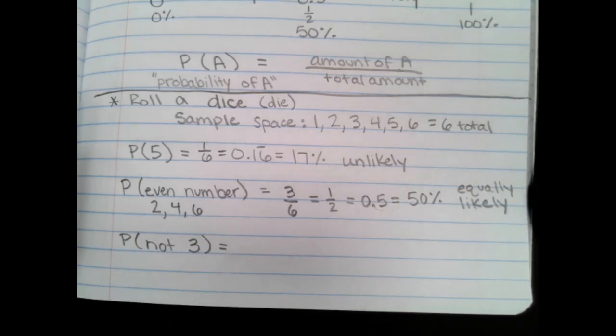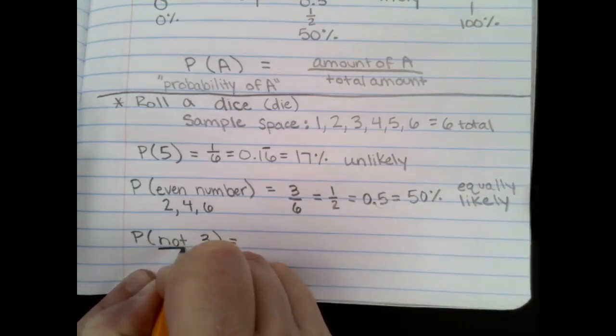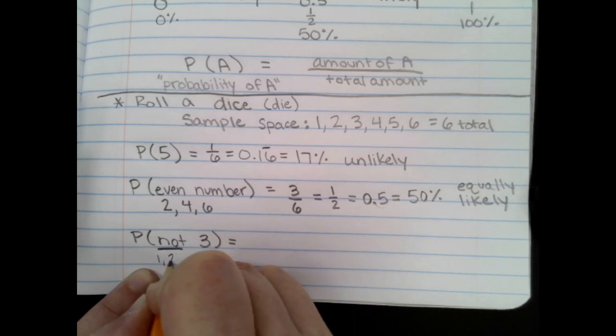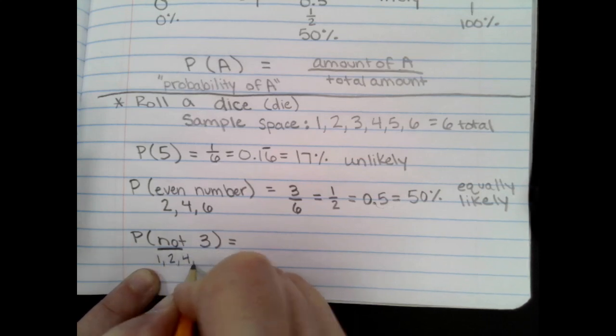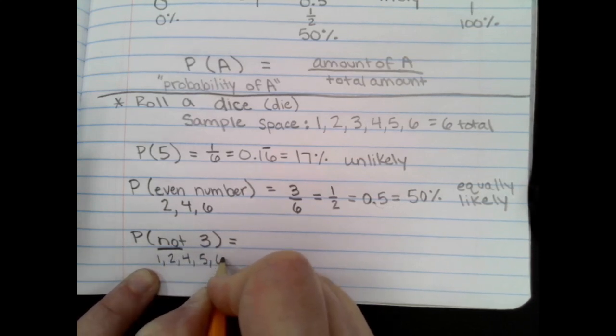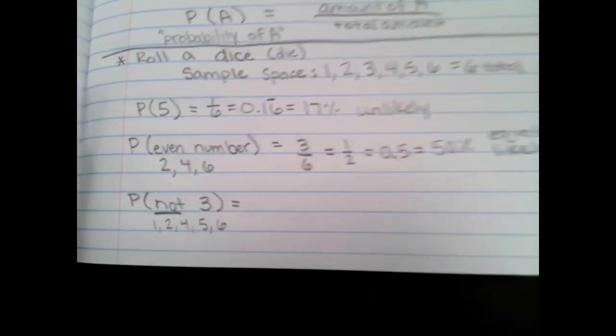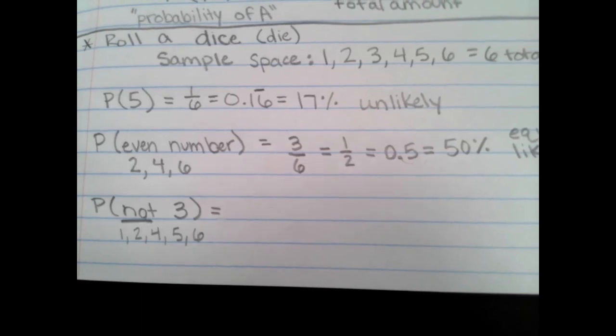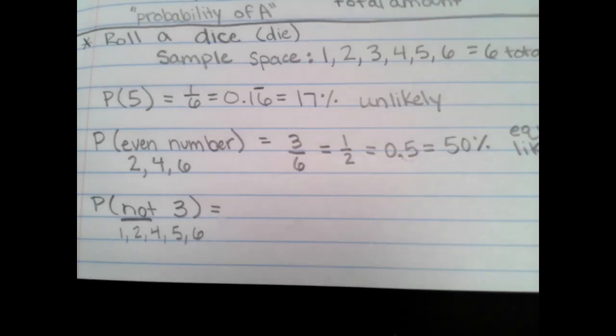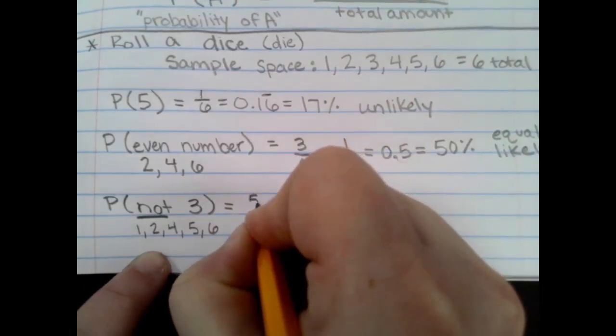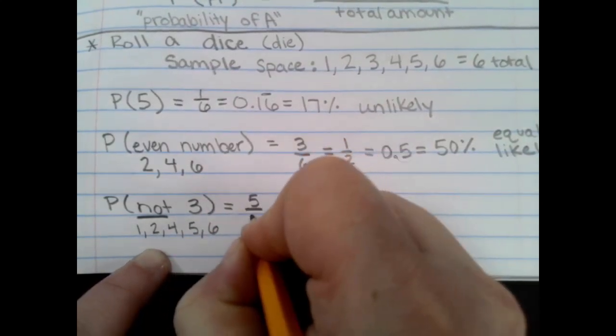So what are some options that we could get that's not a 3? 1, 2, 4, 5, 6. Good. Those are all good numbers, as long as we can't have 3. So how many numbers on the dice are not a 3? 5. So 5 out of how many numbers total? 6.